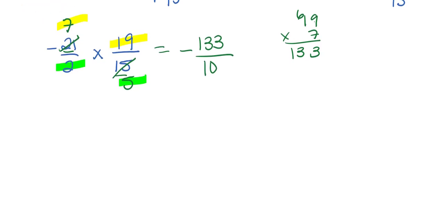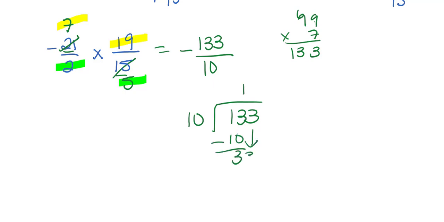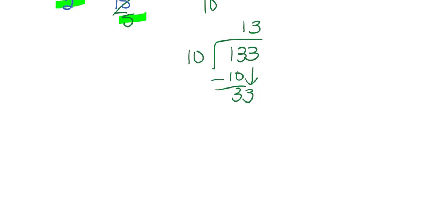And then we change that to a mixed number. Well, 10 can go into 13 one time. So we subtract, we get a 3. Bring down the other 3. Now 10 can go into 33 three times. 30, we subtract, we get 3 as a remainder.